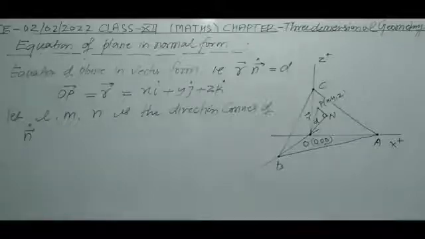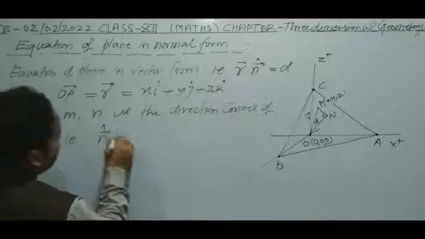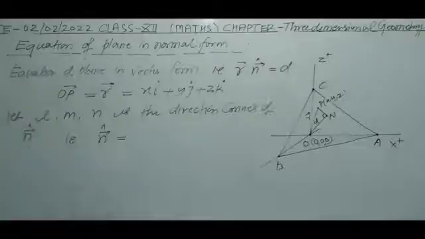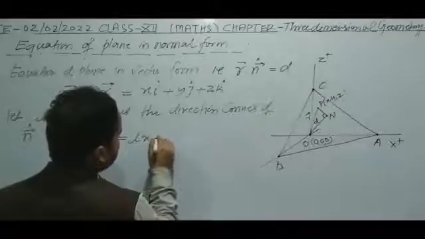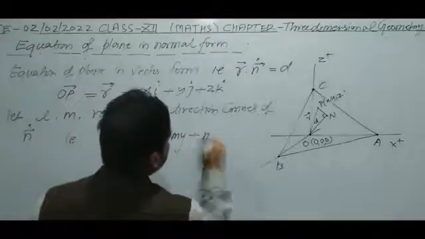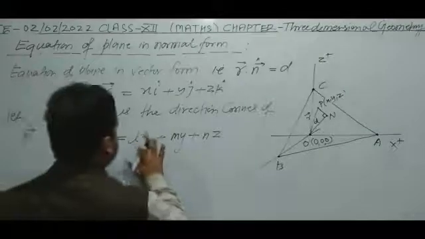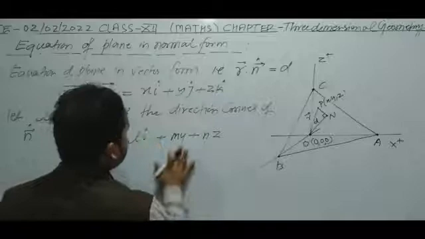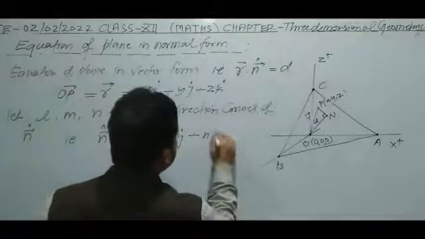So what we can say, that is unit vector n we can write li plus mj plus nk, in terms of i, j, k unit vectors.